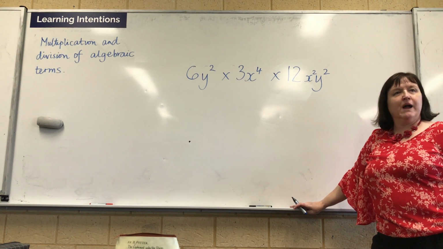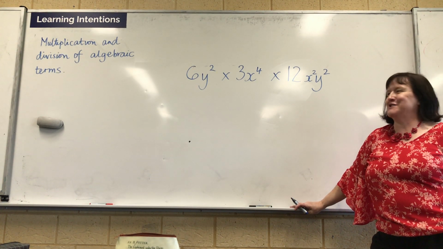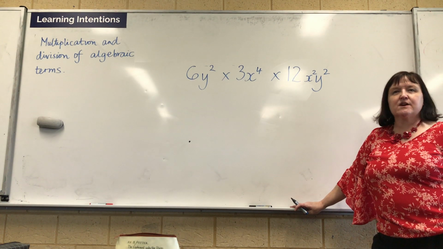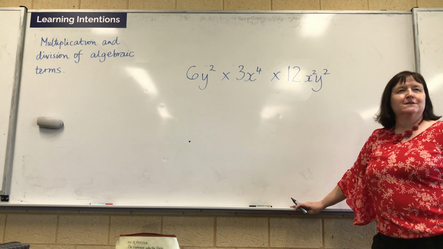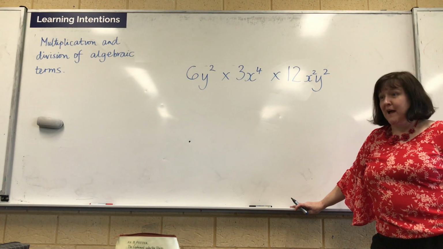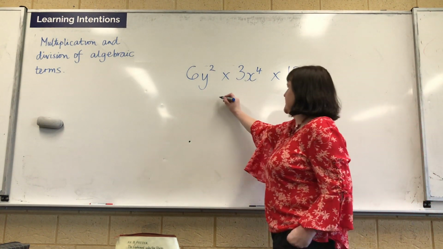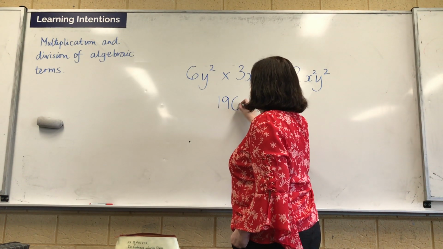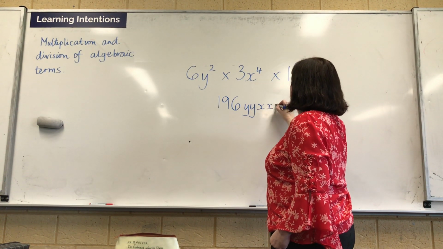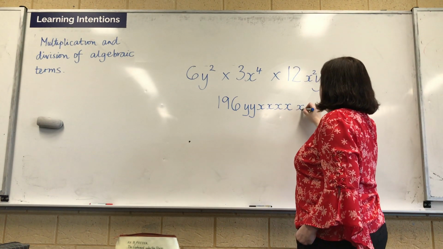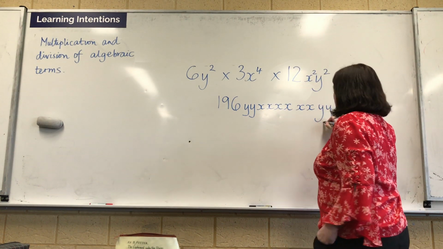The only problem you might have is working out what the coefficient is. 6 times 3 is 18 times 12. 196. Beg your pardon? 196. Well done, 196. And then we've got y, x, x, x, x, x, x, y, y.